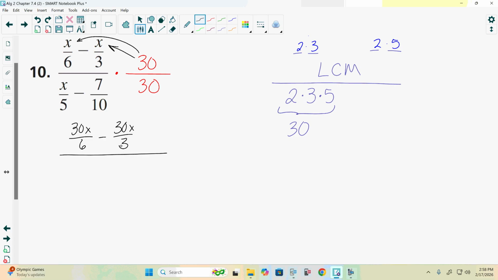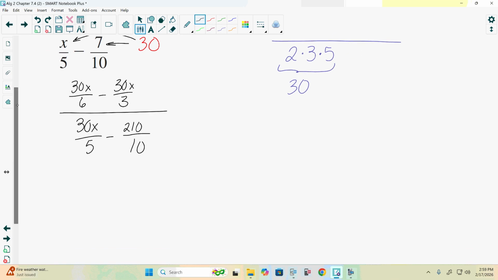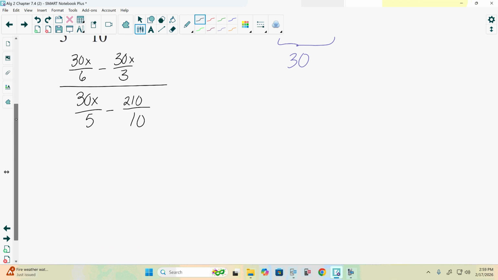We're going to do the same thing on bottom. 30 times x is going to be 30x, but this time it's over 5. 30 times 7. What's 3 times 7? And we just have to add a... Questions on how we got to this here?